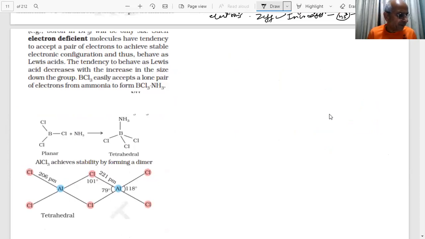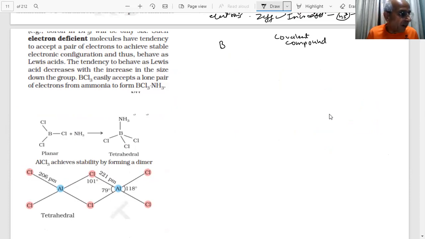Now the interesting thing is, in the trivalent states, if I say that this is boron, in the trivalent state, it will form covalent compounds, because the third ionization energy of boron is very high.